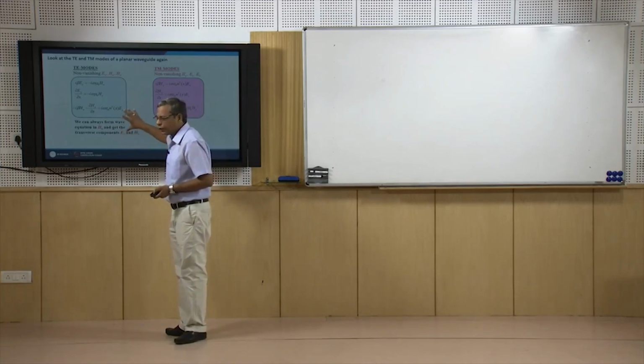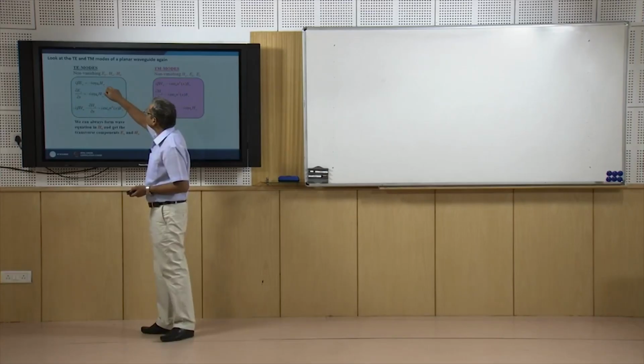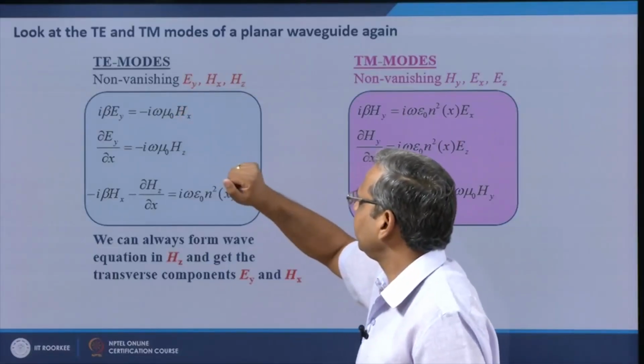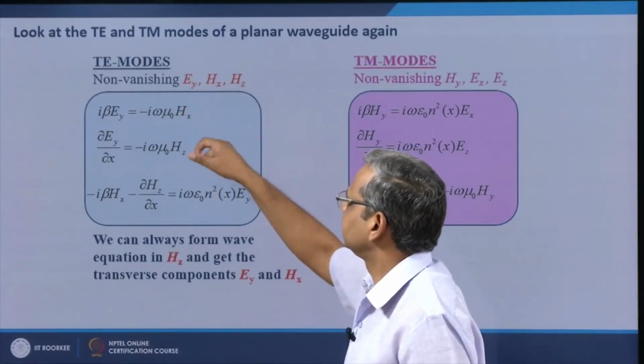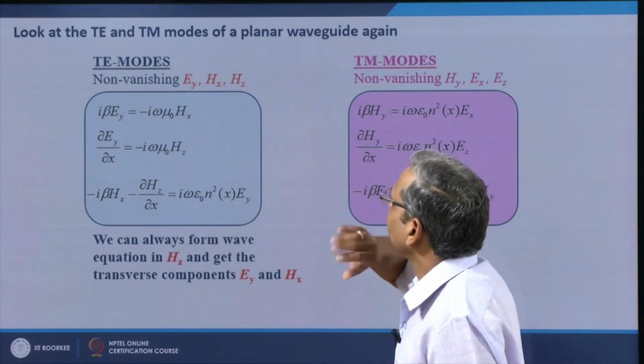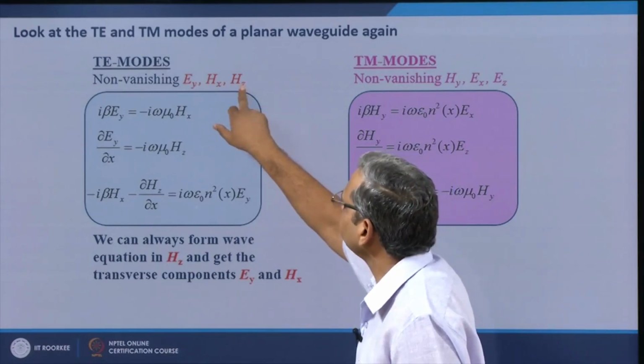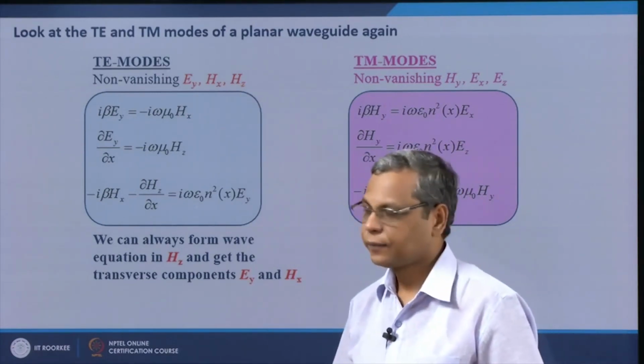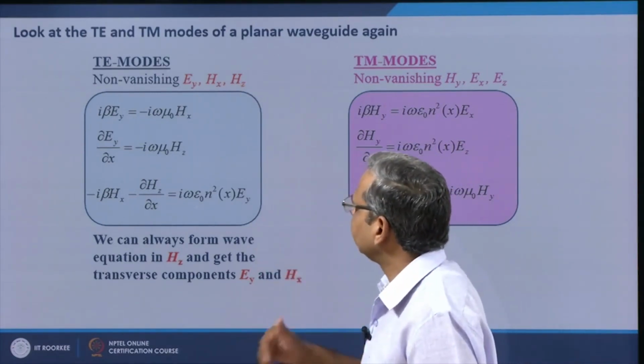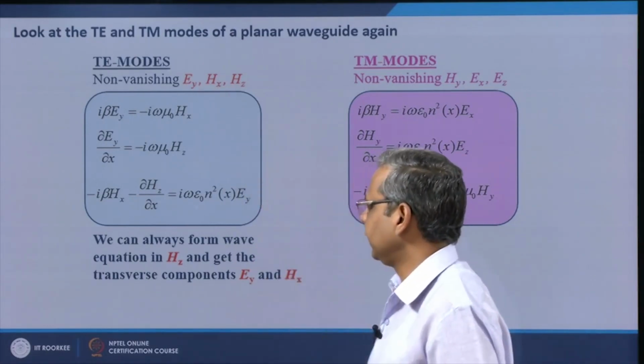Can I utilize this here? Well, instead of solving for Ey and then getting Hx and Hz from here, I can also do another thing, that I first form the equation in Hz, solve it for Hz and then get Ey and Hx.